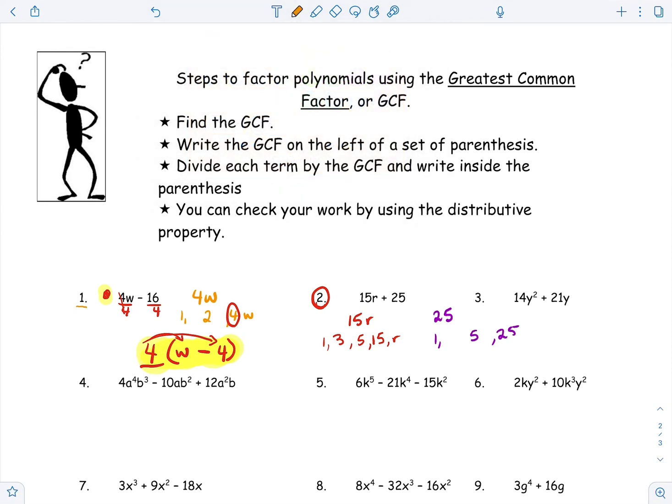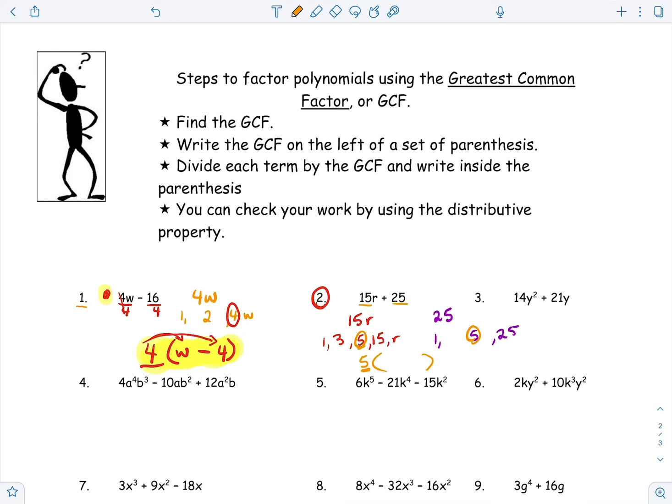Our greatest common factor appears to be 5. So when we write our factors, we have parentheses, and on the left side here, we're going to write the greatest common factor, which is 5. And how do we know what remains?